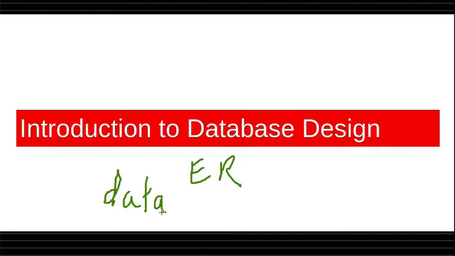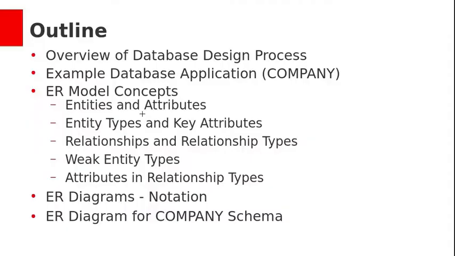It provides useful concepts that allow us to represent an informal description of what users want from the database as a more detailed and precise description that we can implement in a DBMS. We begin with an overview of database design.